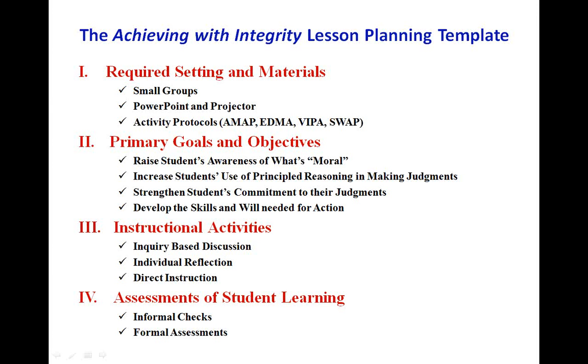And then finally, for activities, all of these lead with a question, right? What's moral? What's right? Am I responsible? It's really meant to be inquiry-based discussions where students are, in small groups, talking about these questions and the ideas that you present to them through the PowerPoint.